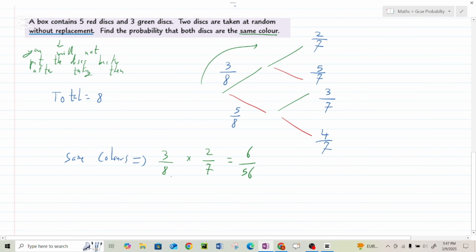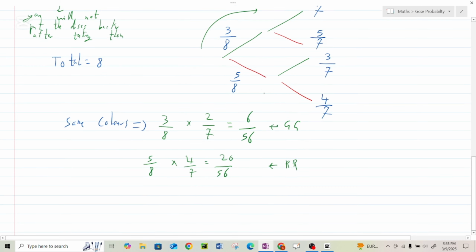The second method is that we have red, red. Okay, let me also write this here. Green, green, and red, red is here. Okay, now for red, we have 5 divided by 8, and then multiplied by 4 divided by 7. Okay, what do we get? 20 divided by 56. Now, because these two are in separate branches, we're going to add these answers.